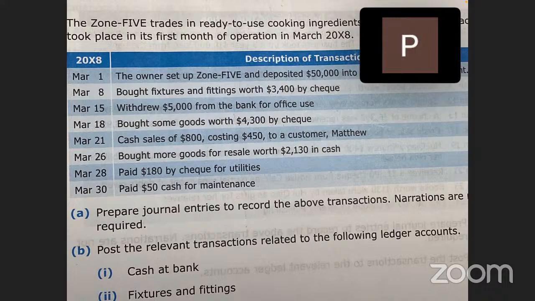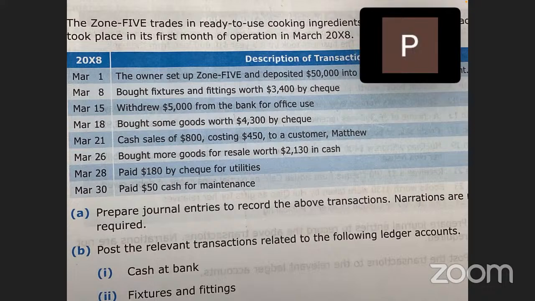So you're saying that because you buy inventory, asset increased by 4,300. That's what I'm saying, right? Okay, then the cash at bank decreased 4,300. What is that? Asset. And that asset also increased? Decrease.